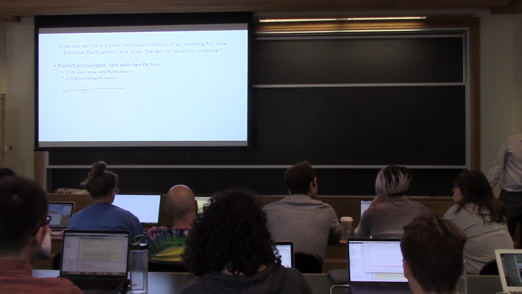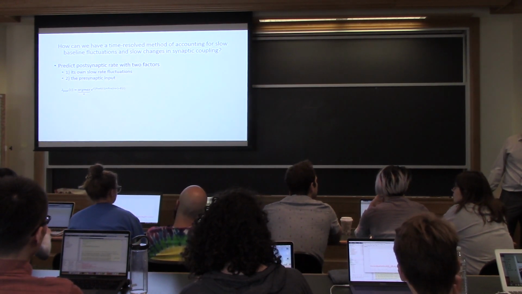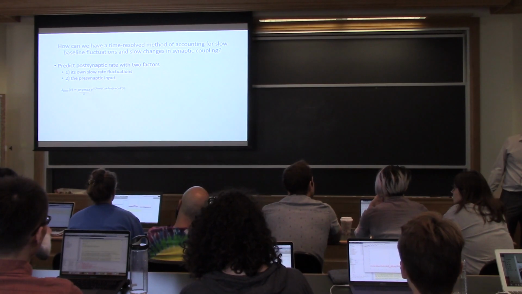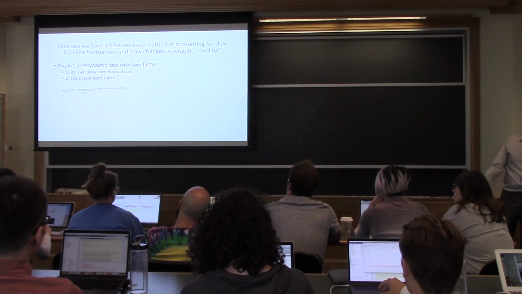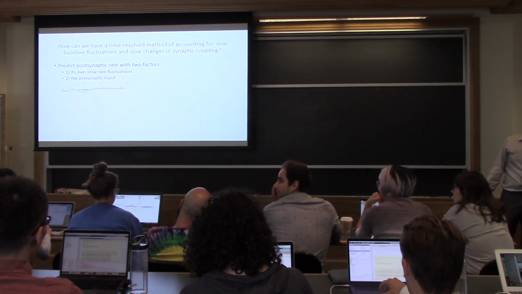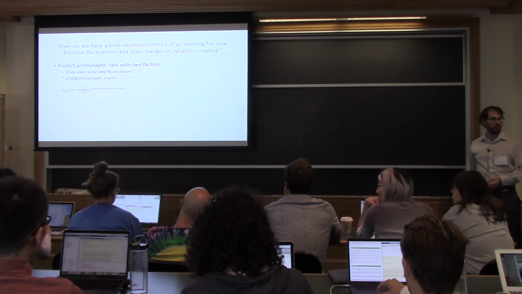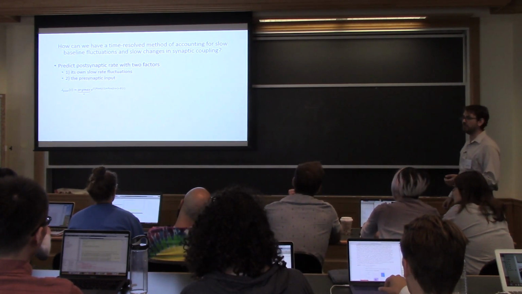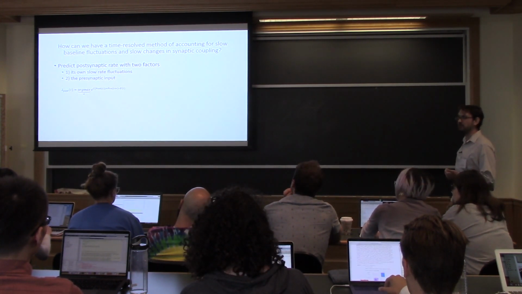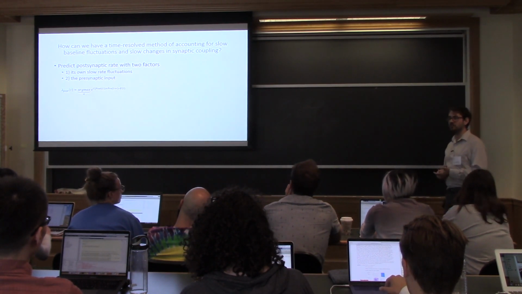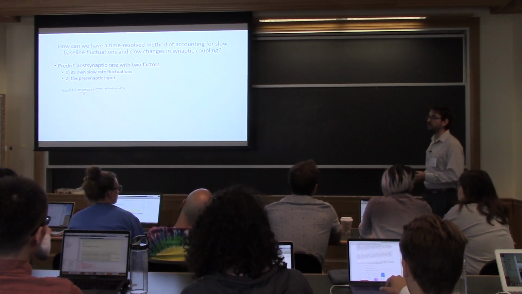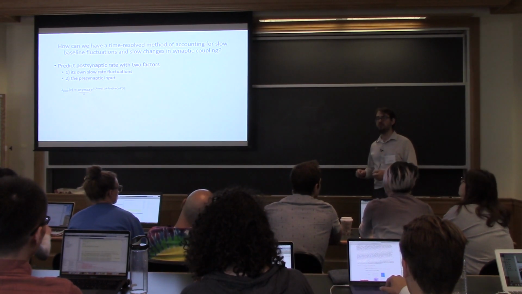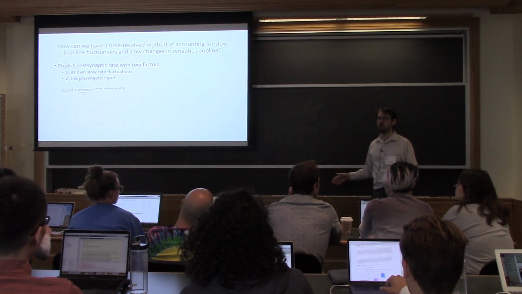OK. I don't know if people have looked at the README document, but the overall approach that I took with Roman Husar, who's in the back, is to take a generalized linear model where we're predicting the likelihood of seeing a postsynaptic spike given two different factors. One of those factors is the firing rate of that postsynaptic cell evolving over a slow time scale.